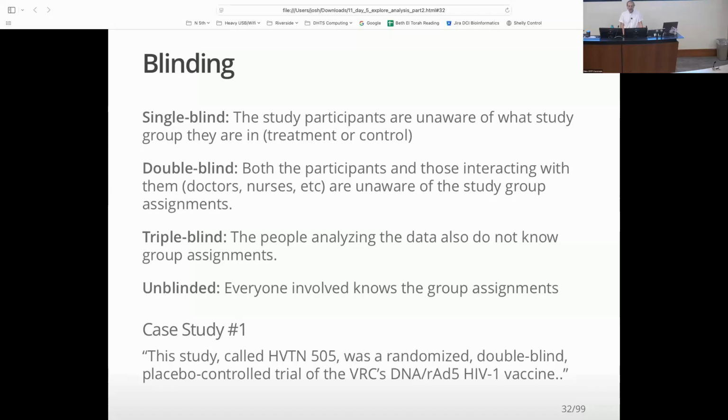So how could there be bias in the different situations? How could there be bias if it's unblinded? For example, you have an experimental design with a placebo.